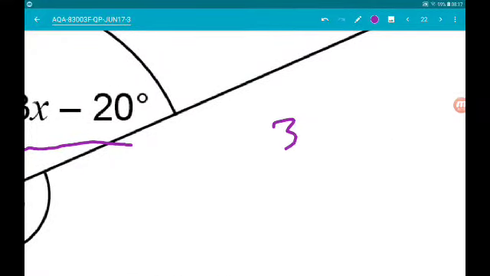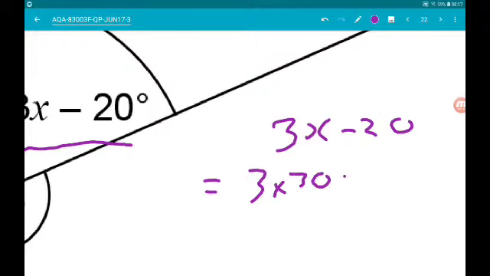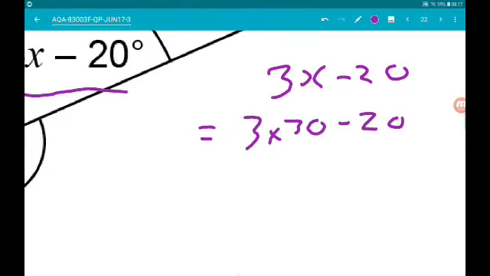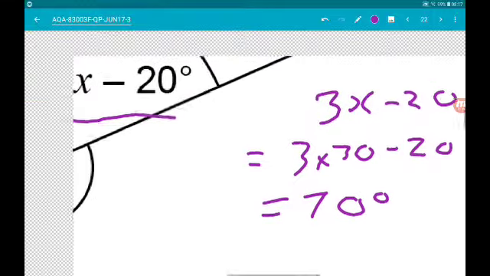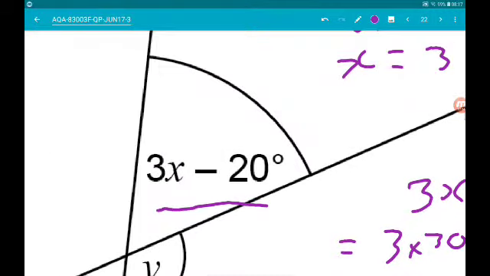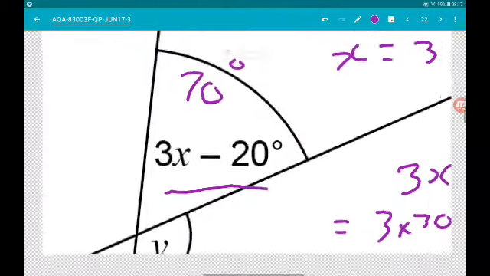So 3x minus 20 is equal to 3 times 30 minus 20, which is 90 minus 20, which gives us 70 degrees. So this angle is 70 degrees.